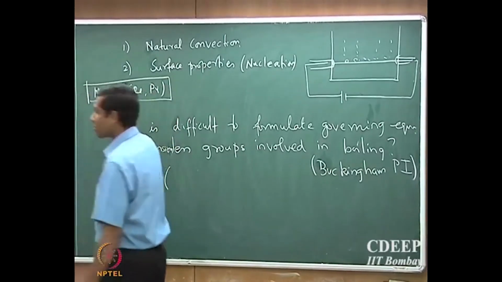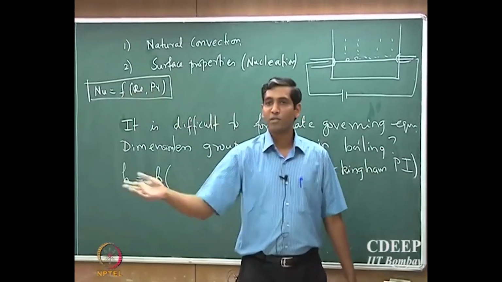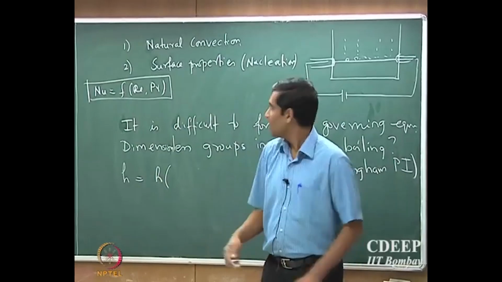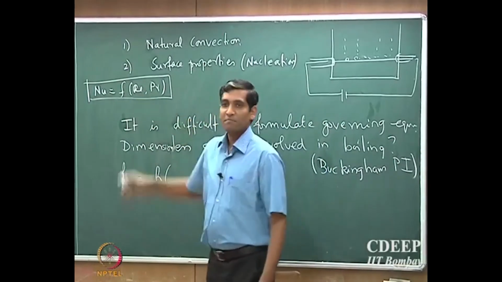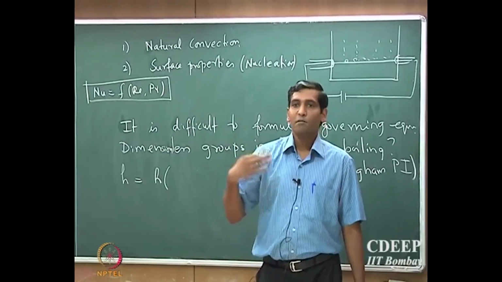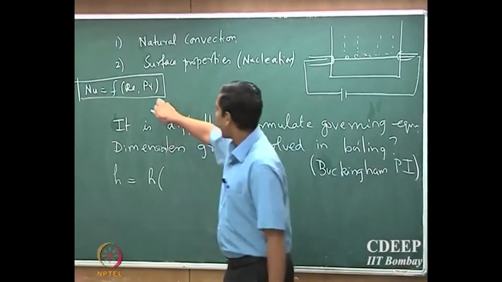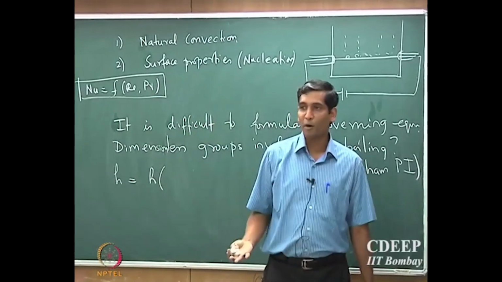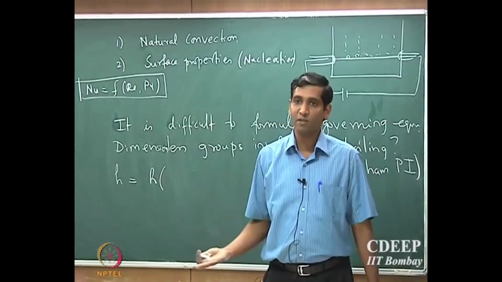The Reynolds number uses the properties of the fluid and captures the momentum boundary layer behavior, and the Prandtl number captures the thermal boundary layer behavior based on the properties of the fluid.